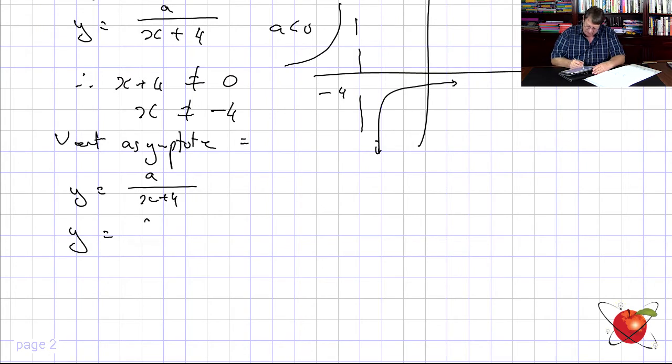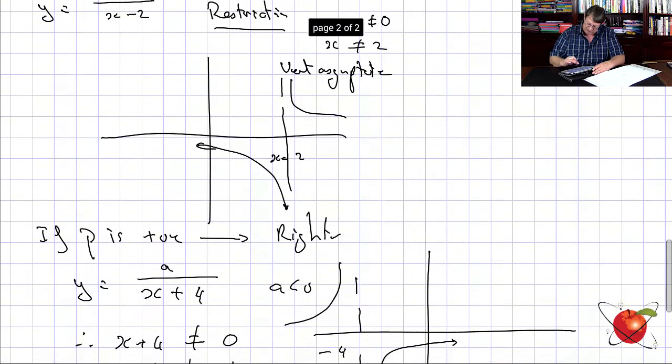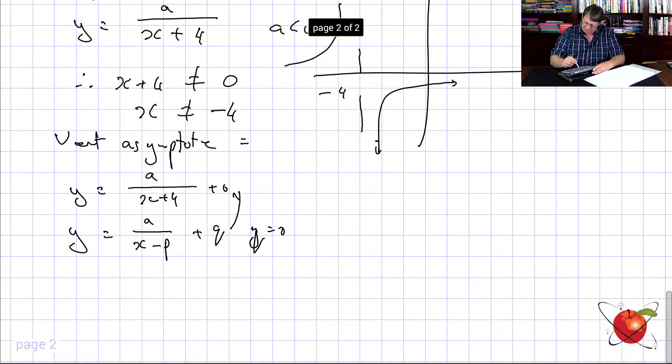It is going to be equal to a over x minus p, plus q. Therefore, q is equal to 0 in this one. Q is 0.